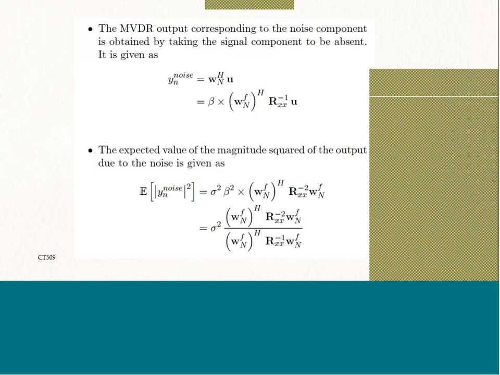Even with the MVDR, we are ultimately going to just take the expected value of the output of these different filters for different values of small f, and then we are going to take the maximum of those outputs and say that that is where the frequencies are present.